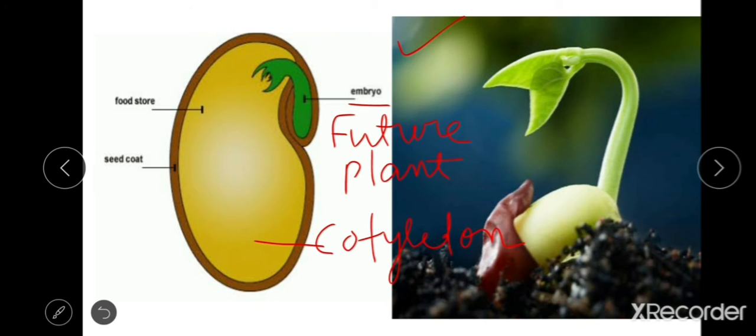Cotyledons are also known as seed leaf. The embryo and cotyledons are protected by a tough outer covering which is called seed coat.